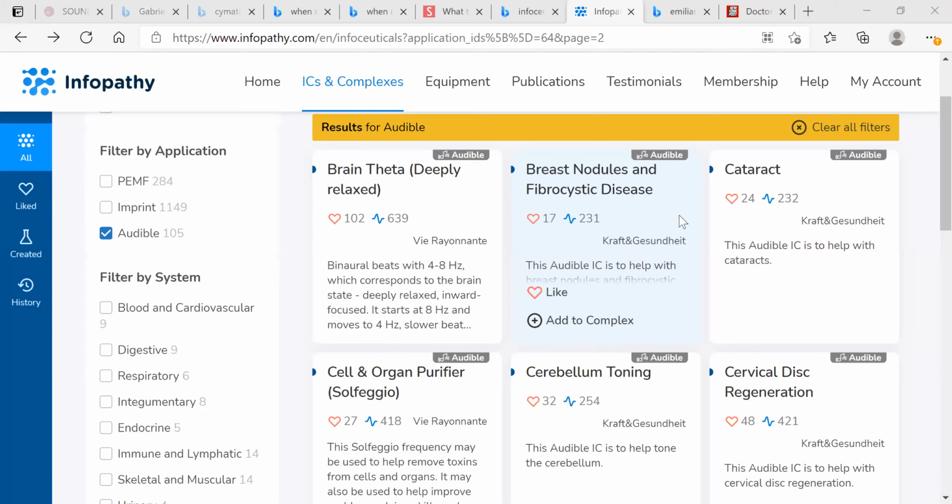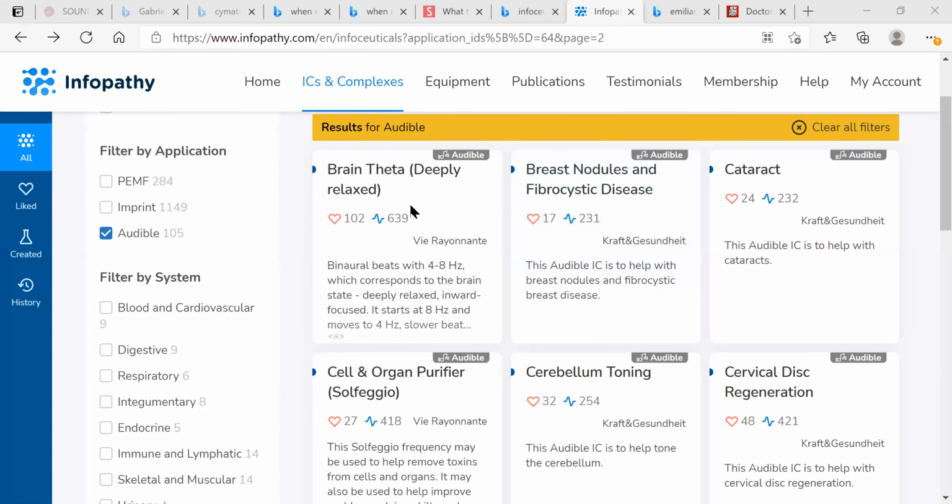So they have different ways of exposing the body to energetic frequencies. They can imprint water. In the search I did just now, I highlighted audible. Those are frequencies put in by an actual device called the Hummer that you put on your body, anywhere, and it transmits audible frequencies.